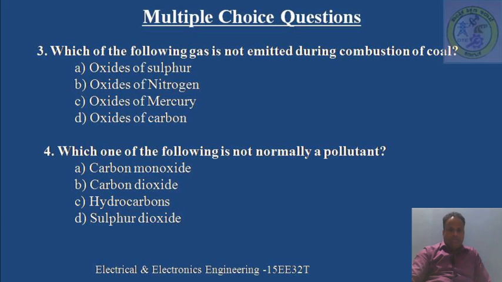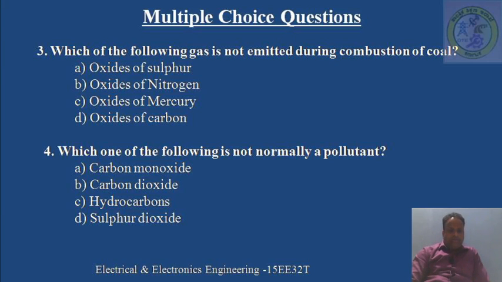Oxides of nitrogen are also emitted from the stack. Oxides of mercury are not emitted. Therefore, this is the correct answer. Oxides of carbon are also emitted. Therefore, the correct answer is oxides of mercury, which is not emitted during the combustion of coal.